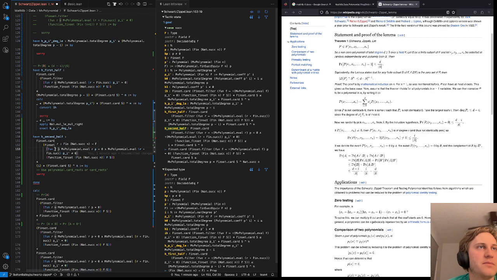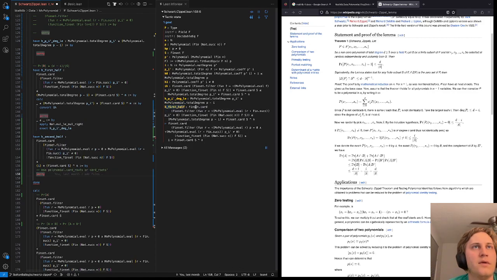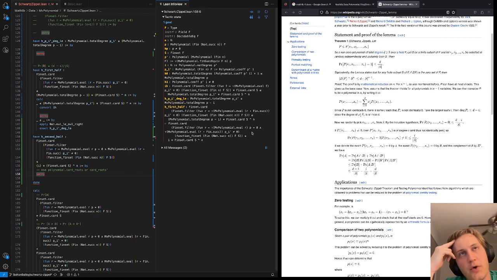So like R, for example, is that. Let's filter. The filter is over, that's again tough, yeah. So where p equals 0 and pi prime is non-zero, is at most I times finset card Sn.